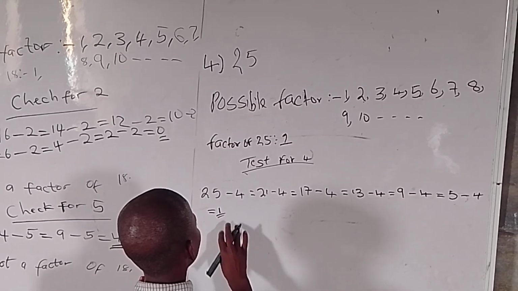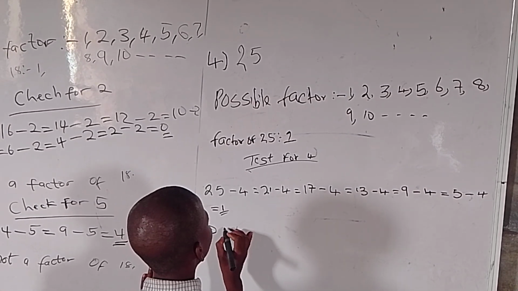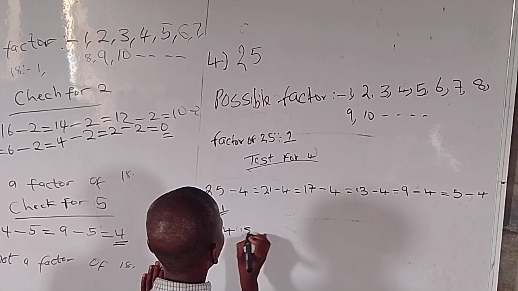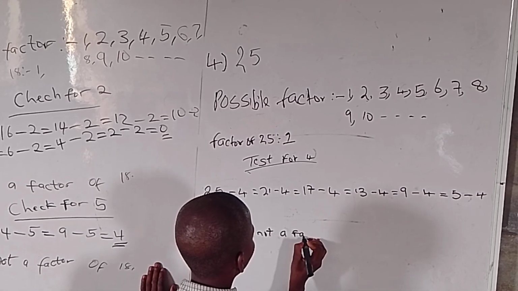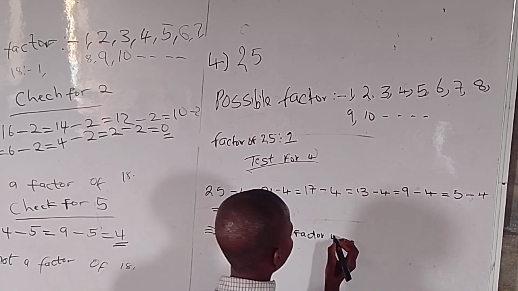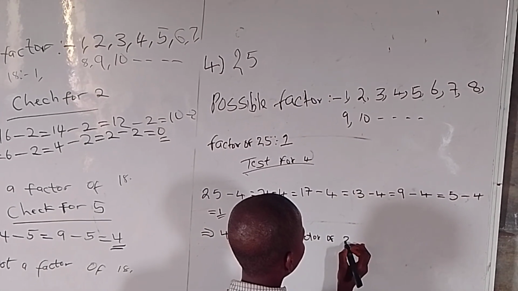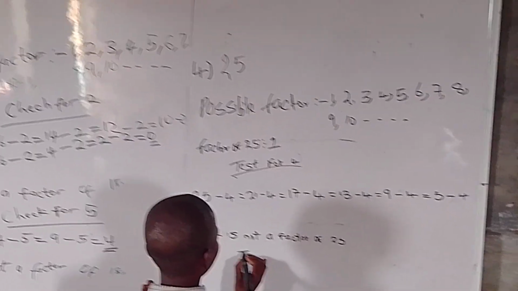Since the answer we get is 1, this implies that 4 is not a factor of 25.